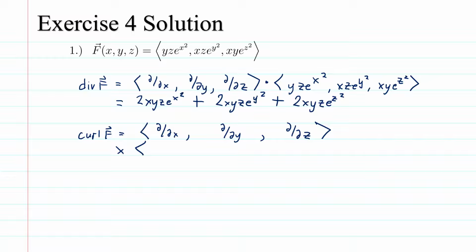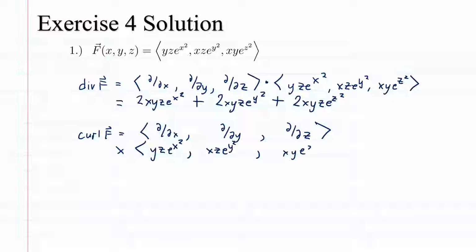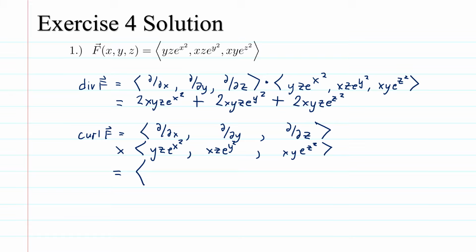To help, let's write f again: yz e to the x squared, xz e raised to y squared, xy e to the z squared. So what is the result of this cross product? The first component is the partial of this with respect to y minus the partial of this with respect to z.